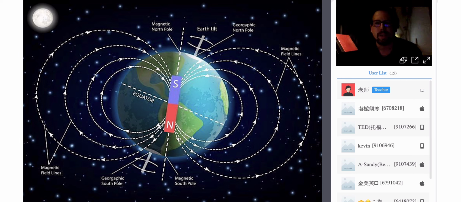And because there is so much friction and movement caused below the Earth's surface by the molten metal, it produces this electromagnetic field, and that creates a magnetic pull that is strongest at the poles.